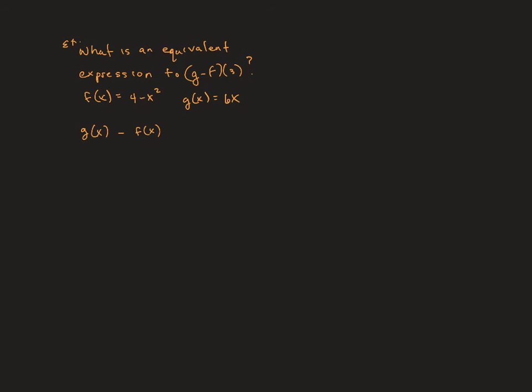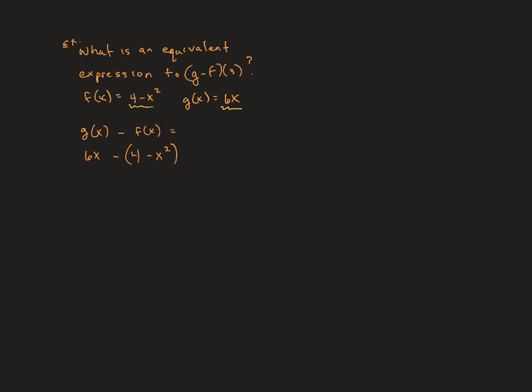And so when I do some substitution, g of x, as we have right here, is going to be 6x, and f of x is going to be 4 minus x squared. So g of x is going to be 6x minus (4 minus x squared). You'll notice I put that in parentheses because we're going to have to use the distributive property here.